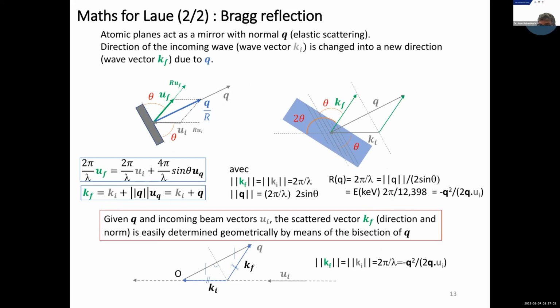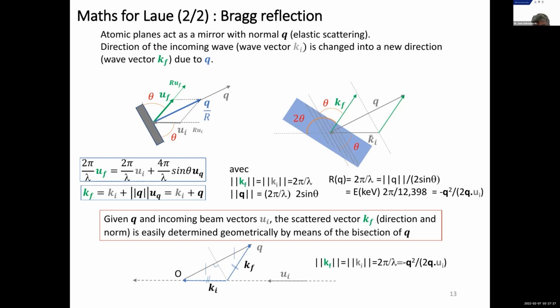Now, as you know, the lattice planes are not always parallel to the surface of the crystal, of the sample. So now we will consider that Laue diffraction is like Bragg reflection. It's a reflection onto atomic planes.